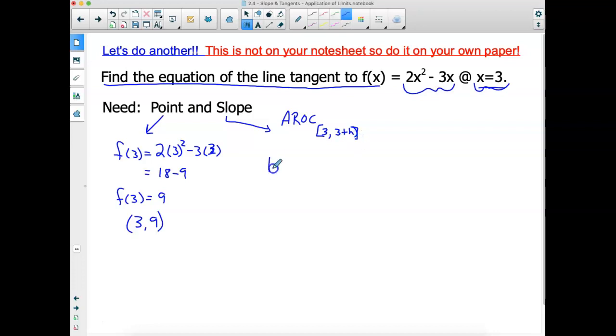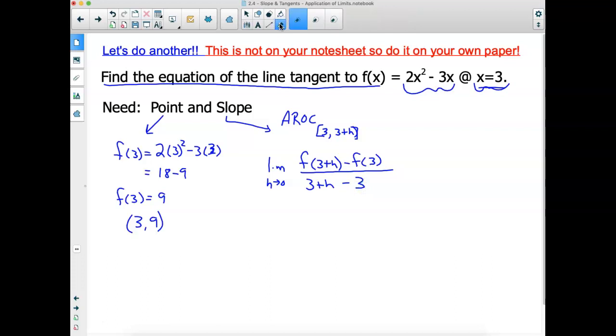So we're going to say the limit as h approaches 0 of f of 3 plus h minus f of 3 all divided by 3 plus h minus 3.